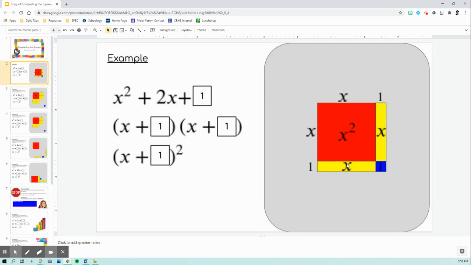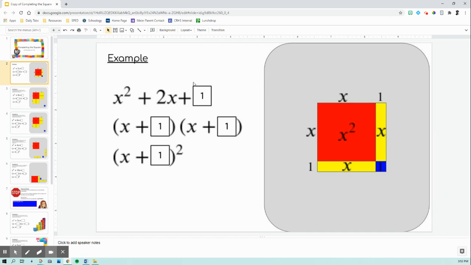We've got our other x tile rotated around, but it has the same dimensions. And then our blue square, it's a little difficult to see here, but it is our ones tile, so it has a length and width of just 1.